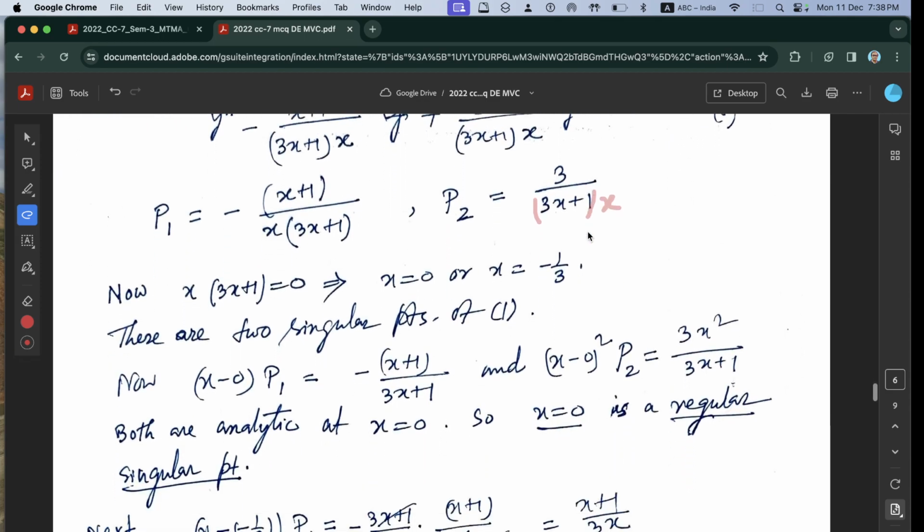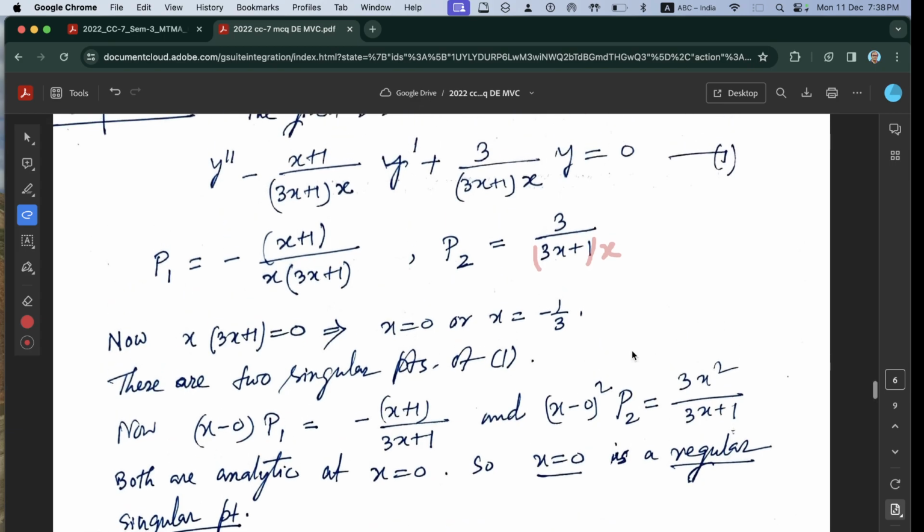So this is x square, and this is 3x by 3x plus 1.